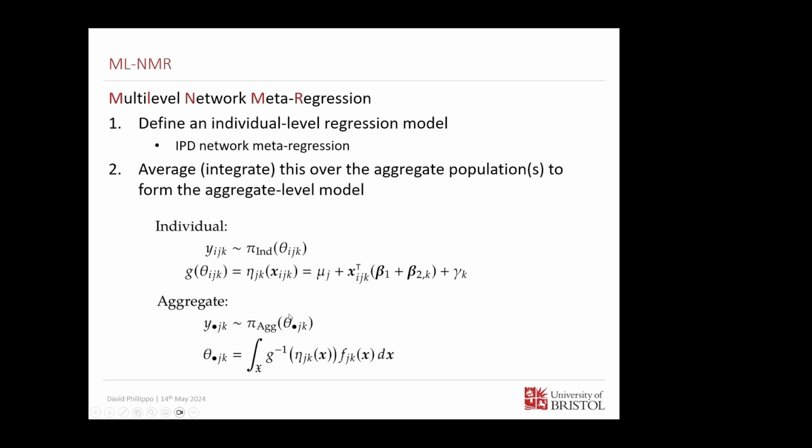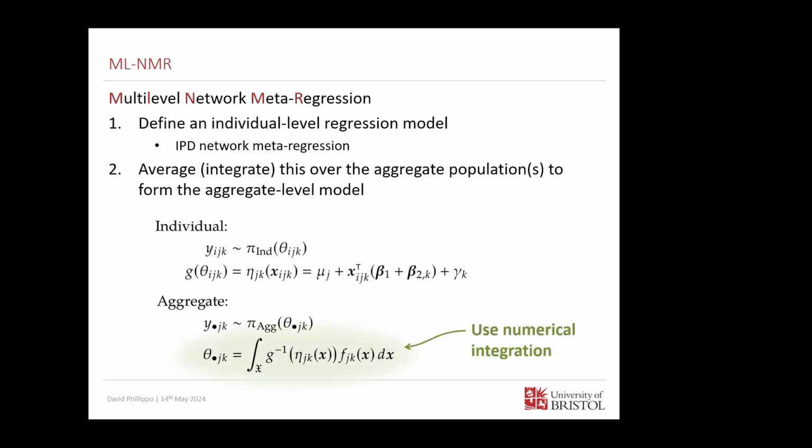So this theta here might be the mean event probability on this treatment arm. And that is modeled via this integral. So we're taking this model and we're integrating it over the joint covariate distribution, which is given by F. So that's the joint covariate distribution of individuals on that study arm. So you can see we're averaging this individual level model over the individuals in the aggregate study population.